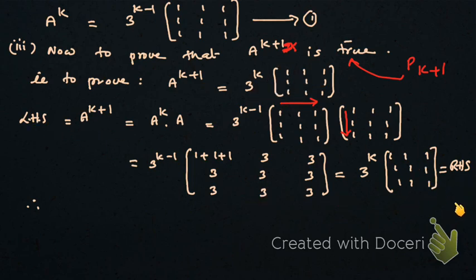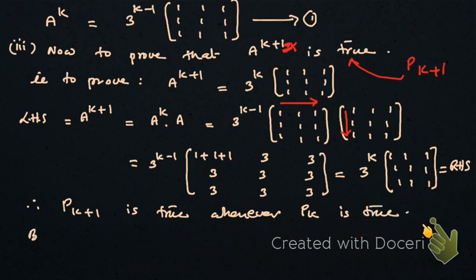So my LHS equals RHS, which means I proved that Pk plus 1 is true whenever Pk is true. So if Pk is true, then Pk plus 1 has to be true for the very next integer.